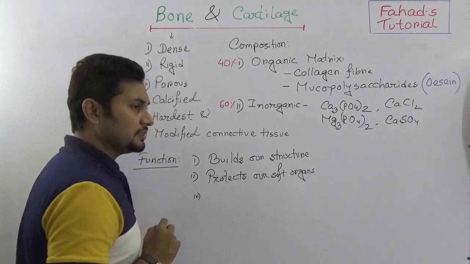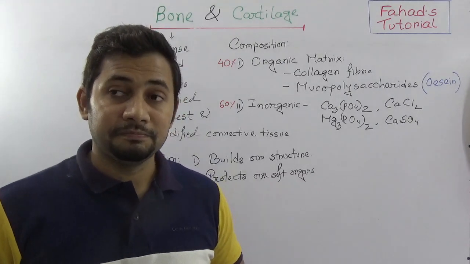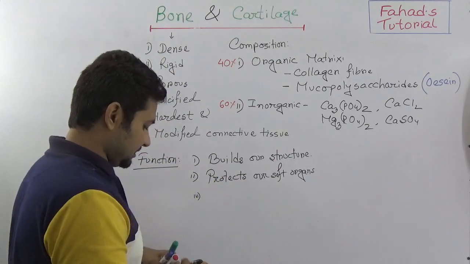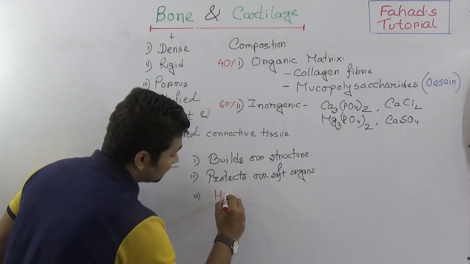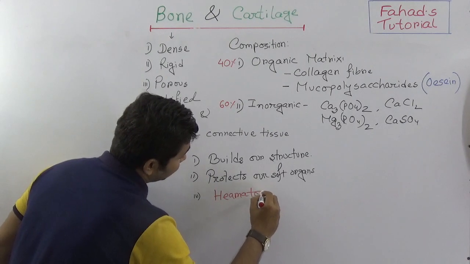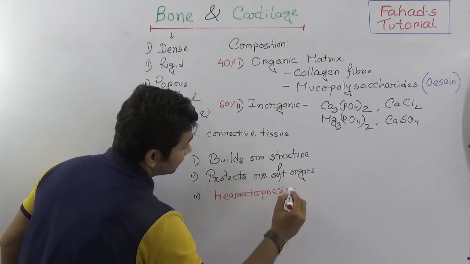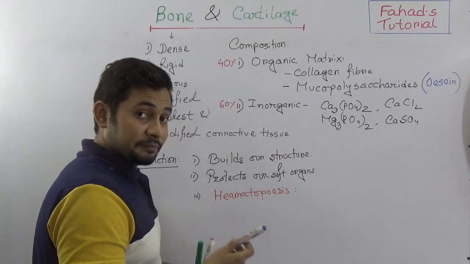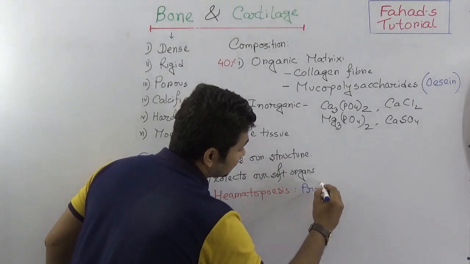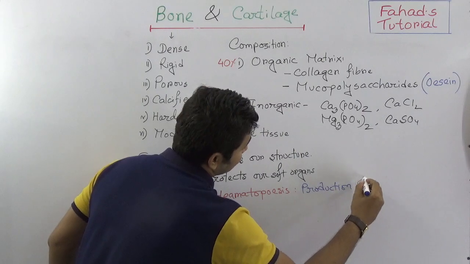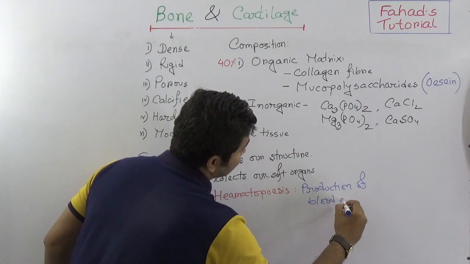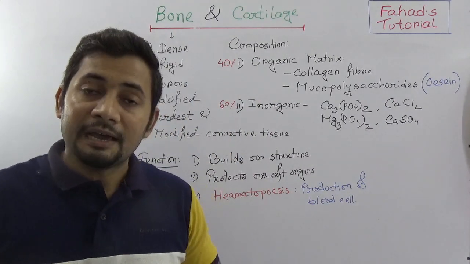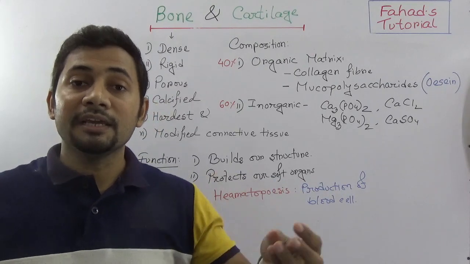And number three, one of the main important functions of bones is hematopoiesis. Hematopoiesis, this is very important. It is the production of blood cells, and the production of blood cells happens inside bones, in the red bone marrow.